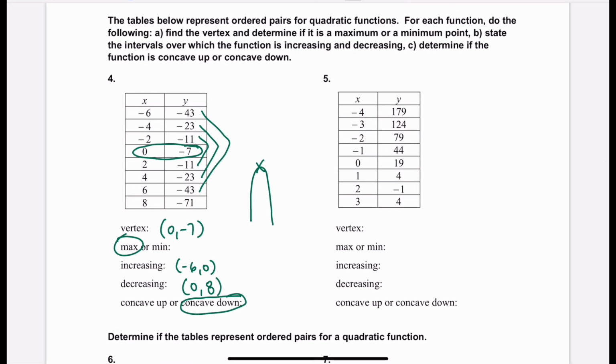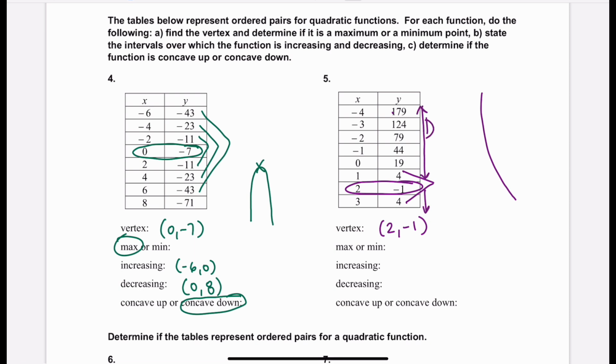Okay, we find the vertex. Look where it reflects. The vertex is at 2, -1. It starts really high at 179, then it goes down to 124, 79, 44, 19, 4. So it's decreasing first, from here to here.